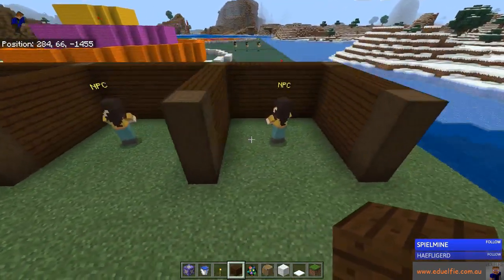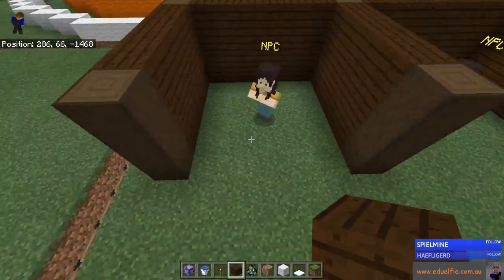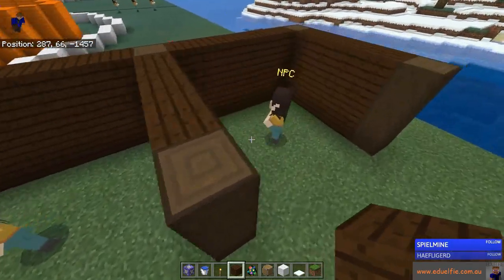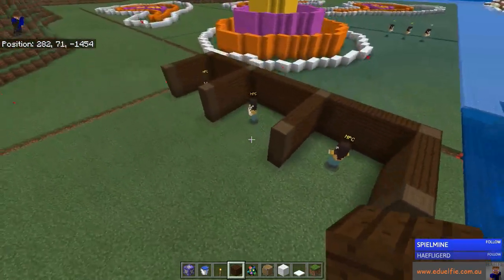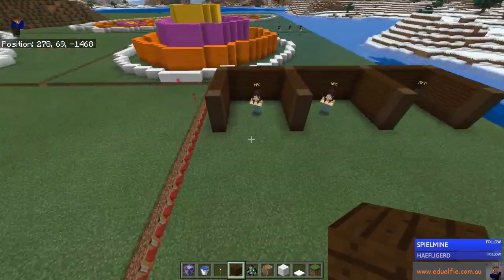So everyone's centered. I think, yeah, I feel like your corral's 1 block wider and that's going to irritate me. Is it? Yeah, it is. Oh well. Don't look at it, don't pay attention.